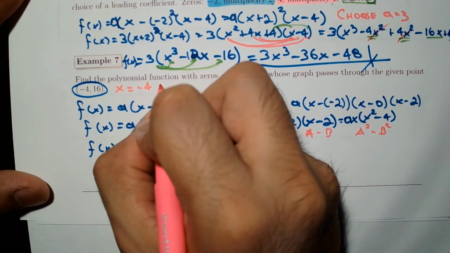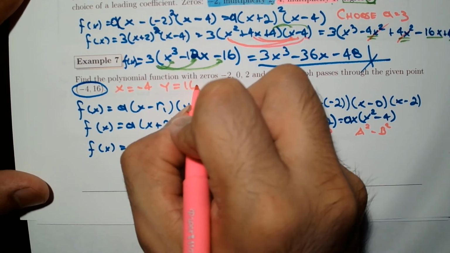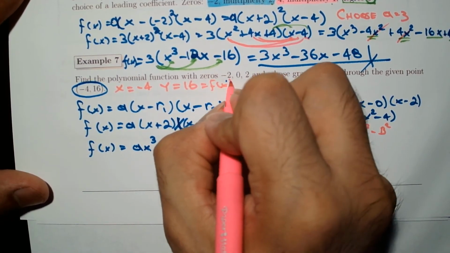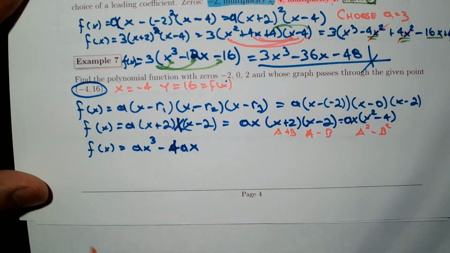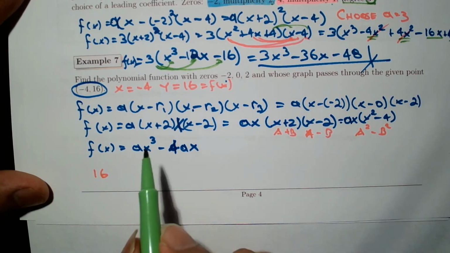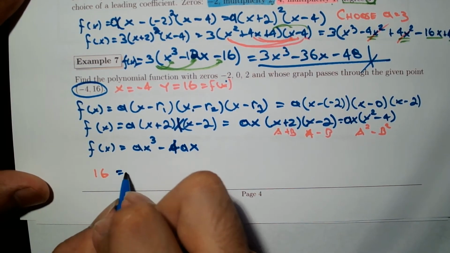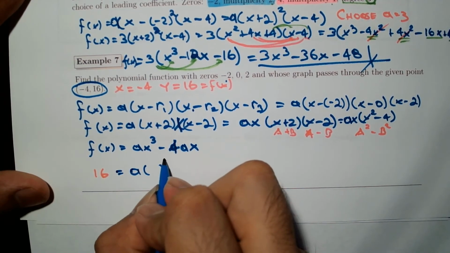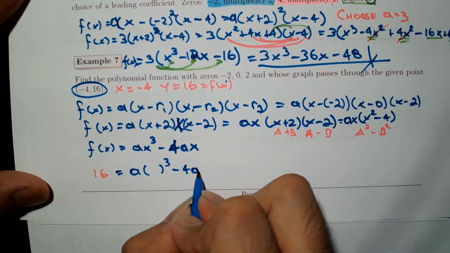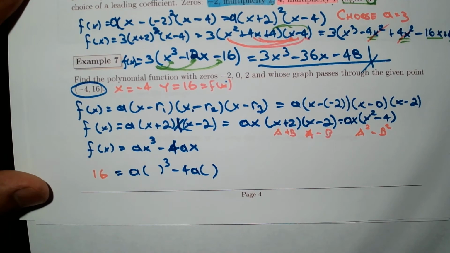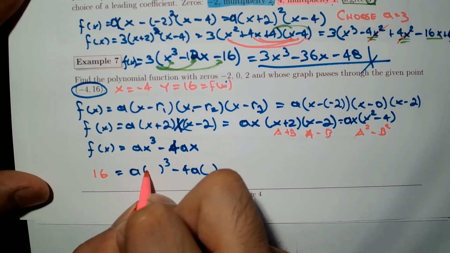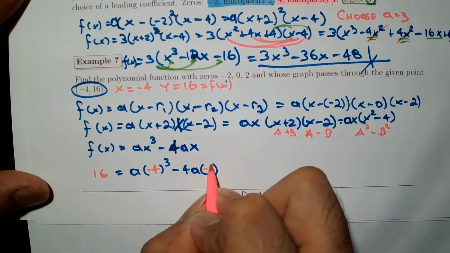Alright, so in this case we are going to look for a, given this point, given that x equals -4 and y equals 16, which is the same as f of x. So replace 16 with f of x and plug in -4 wherever you see the letter x. So this will be a times something cubed minus 4 times a times something, in which the something is x equals -4.